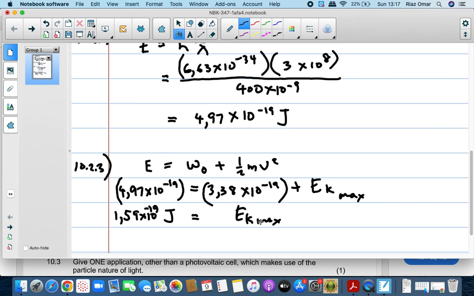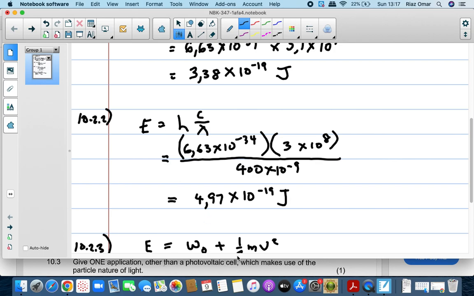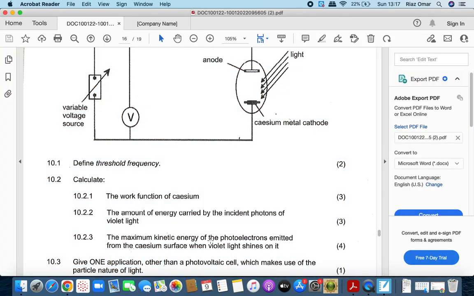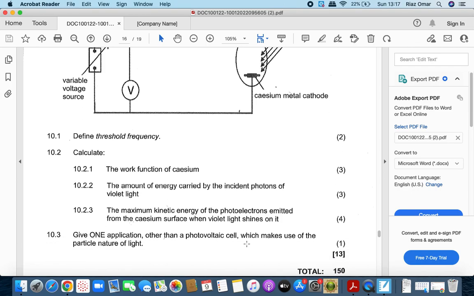Energy is measured in joules. So that is how you work out the energy of the electrons that will be emitted in this question.